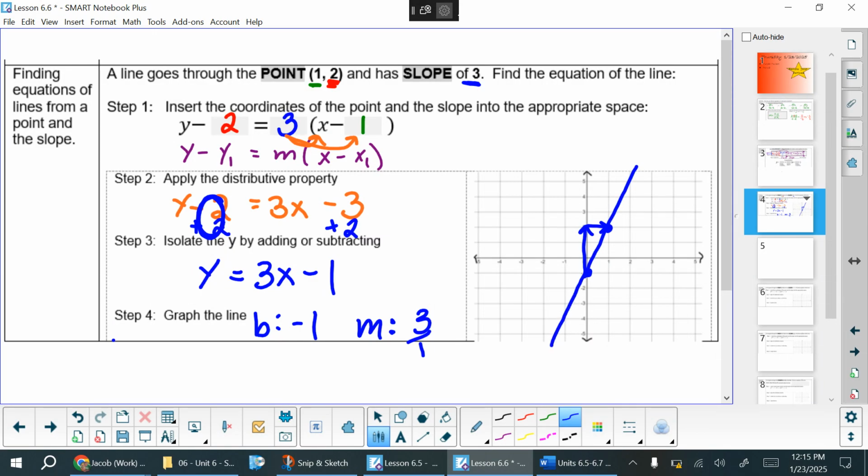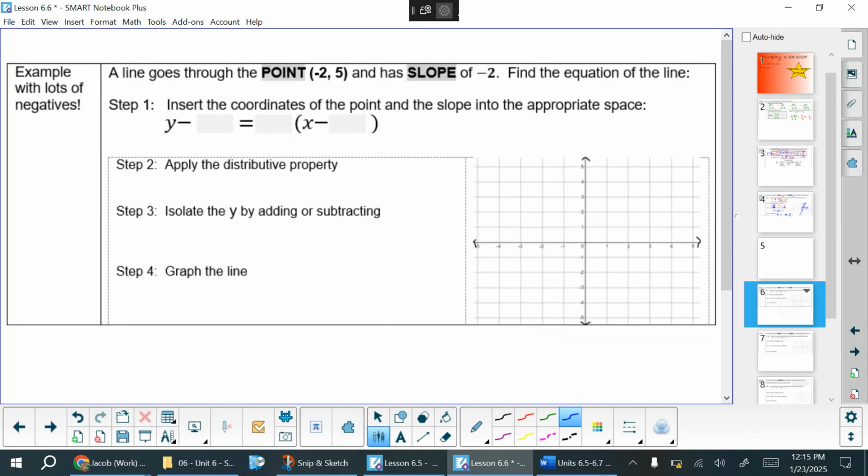As you can see here, that first point that it goes to is actually the original point that we were starting with, the point 1, 2. So this point slope form had enough information to graph it already because we knew what point it went through, and we knew that the rise was 3 and the run was 1. So we can always graph from point slope too, but a lot of times we're going to put it into slope intercept because we like that form a lot.